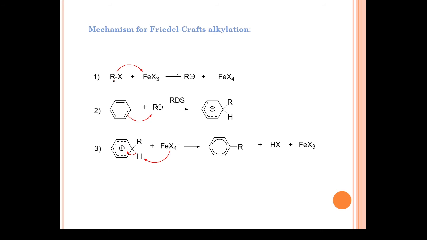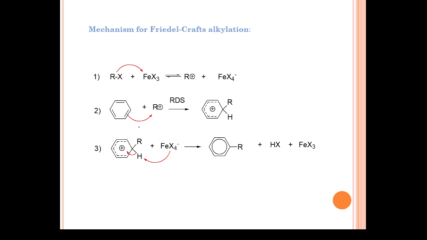Yeah, let's do that. 1-chloropropane. All right. And so this would be FeCl3, and we would combine to get the R+. Now the same process would happen. The chain would add, aromaticity would reform, and the FeX4 would take the hydrogen off.